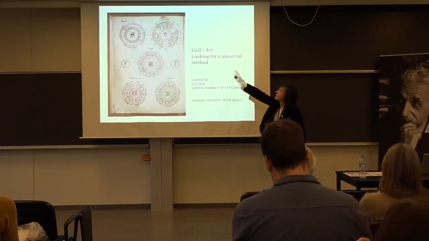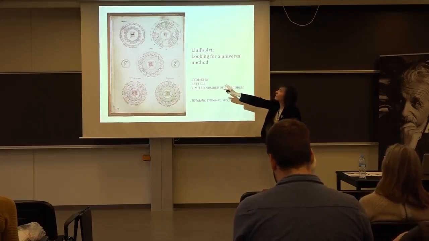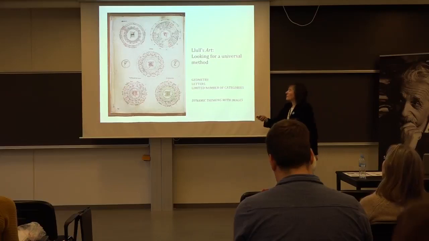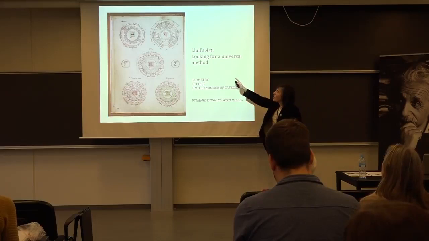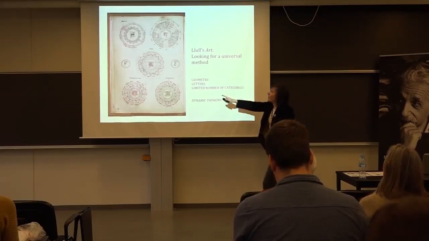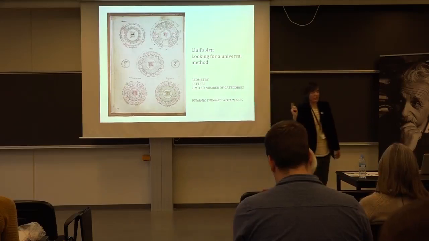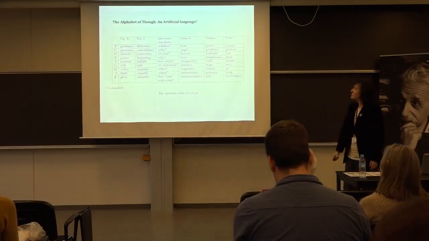So this sort of diagrams are the beginning of his works, and then the text offers a sort of commentary on the kind of questions that we can generate by using those diagrams. And I will try to explain how this works.